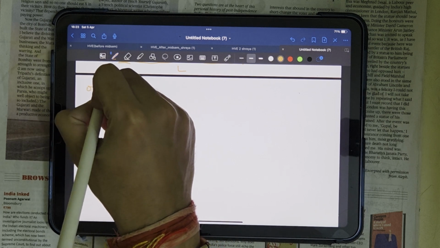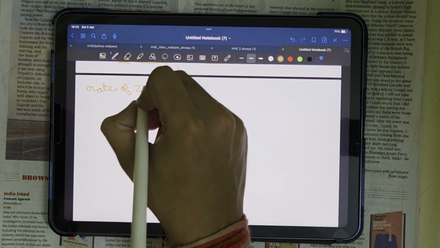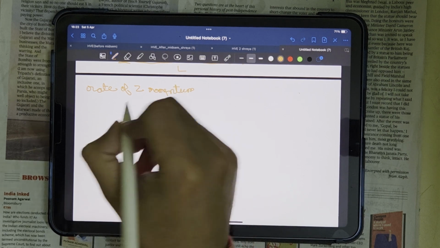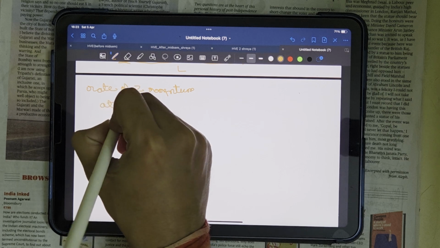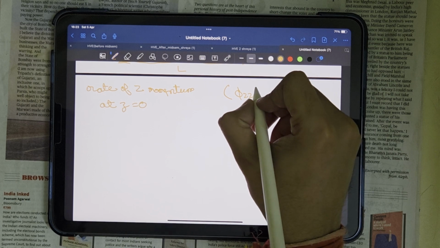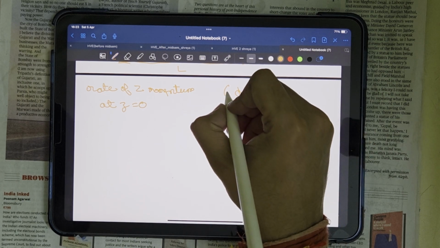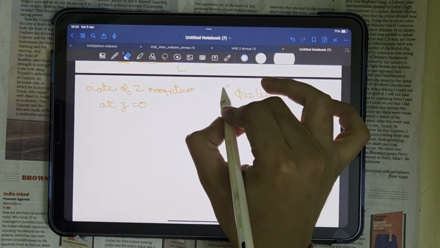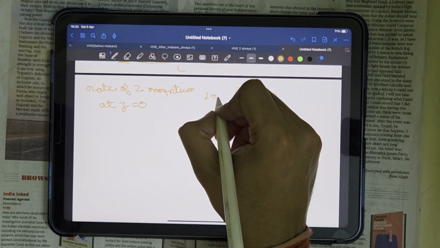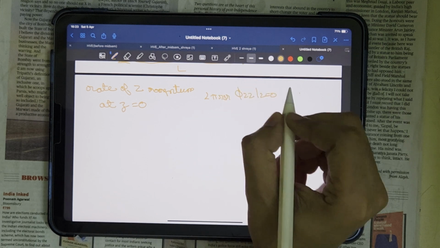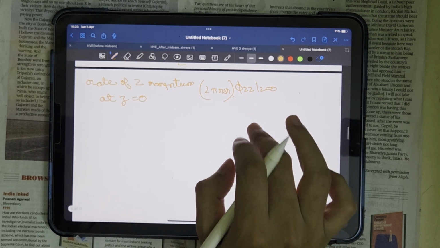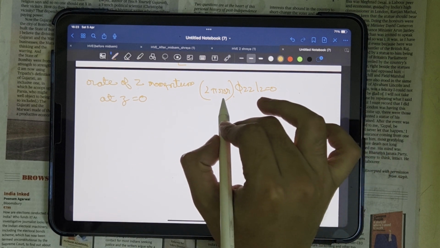So we will write rate of z momentum at z equal to 0. This will become phi zz. So this is our area and this is flux. So flux multiplied by area becomes rate.